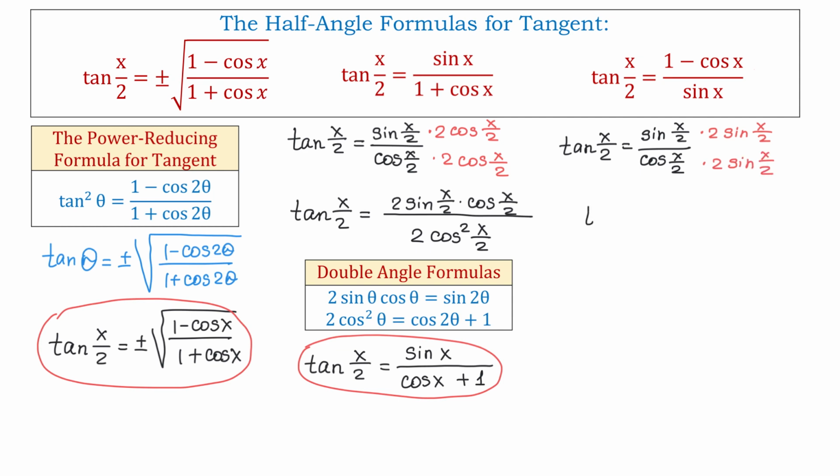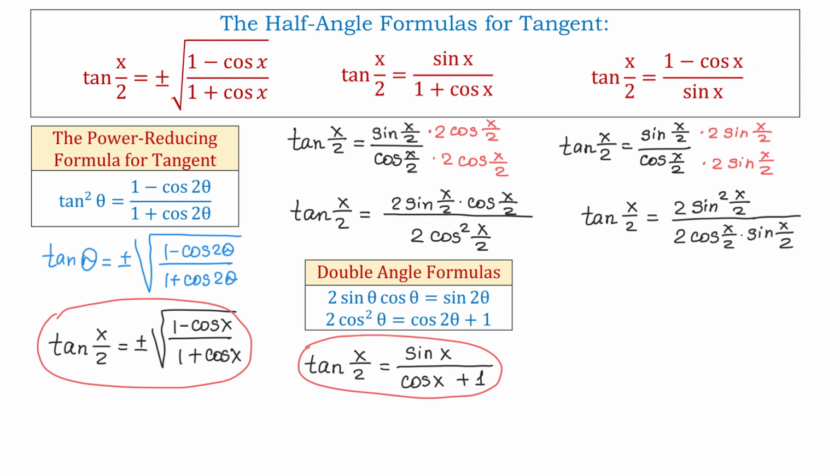And now we will have tangent of x over 2 equals 2 sine squared of x over 2 over 2 cosine of x over 2 times sine of x over 2.